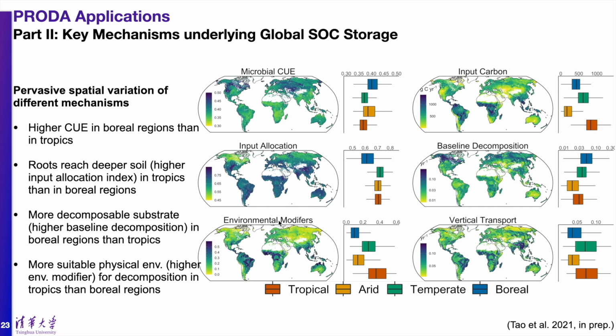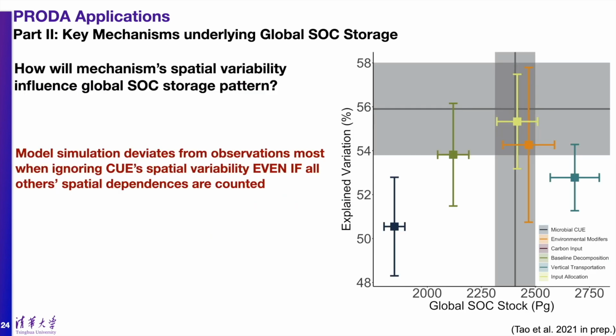So a question naturally arises: how will such spatial variability of mechanisms influence the global soil organic carbon distribution pattern? Following this question, we further use the product approach to conduct a sensitivity experiment. When the spatial variation of one mechanism is ignored, how will the final soil organic carbon be affected?